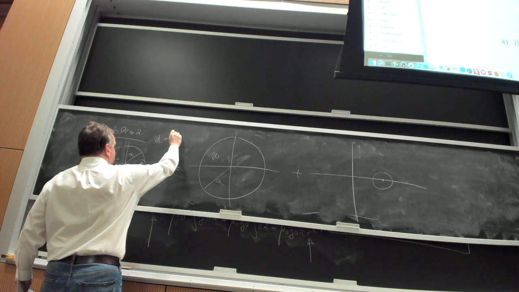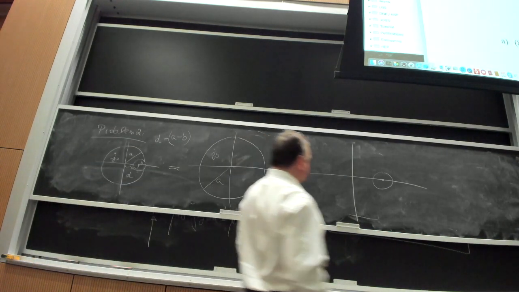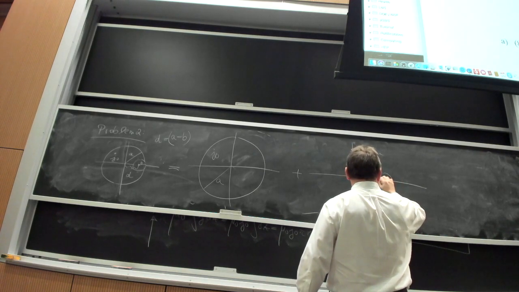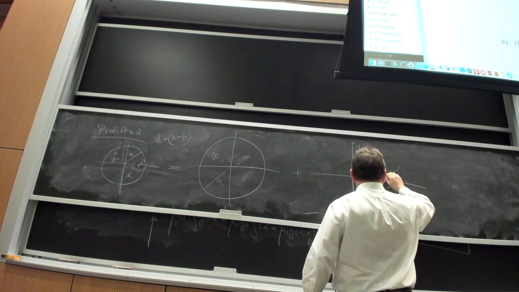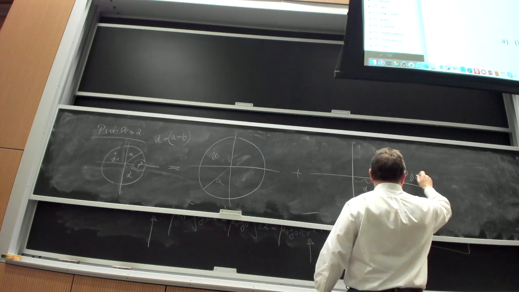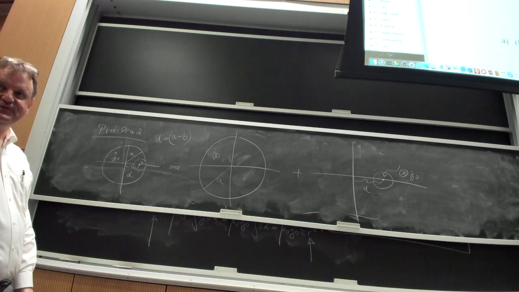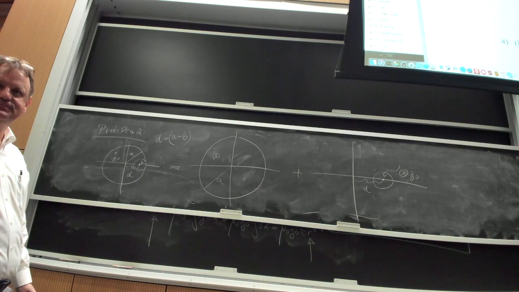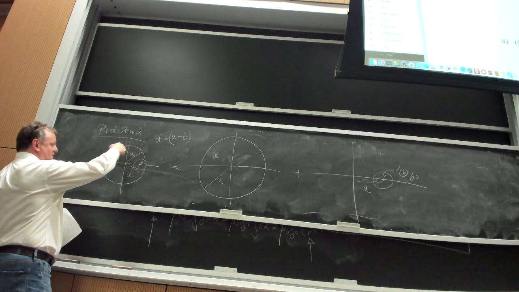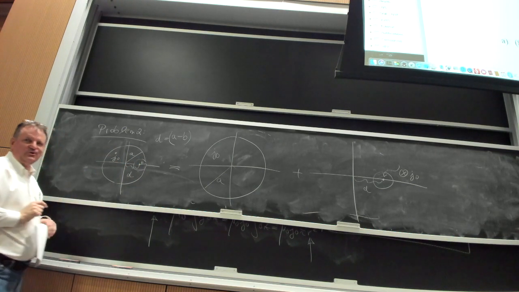D is A minus B. So at that distance D here, I place now an assumed wire, and the current density is now going into the plane, the same current density J naught. And I evaluate the magnetic field for both of them, and then I superimpose them. And the end result is a magnetic field that I would have of a wire which has a drilled hole like that.